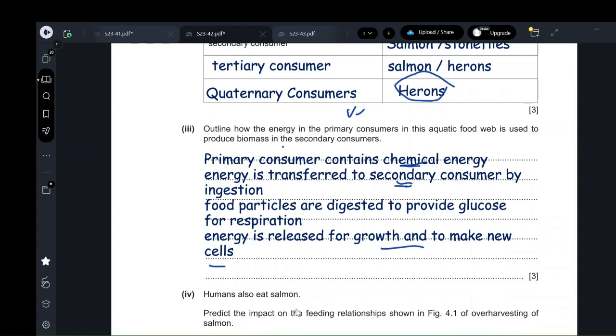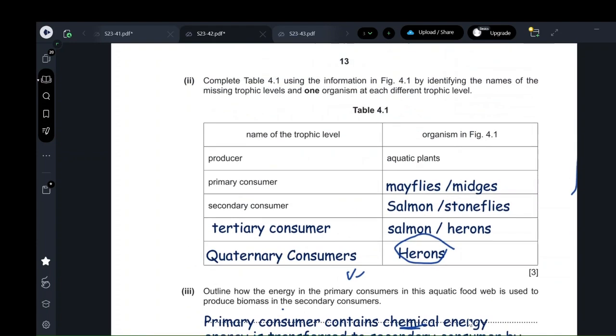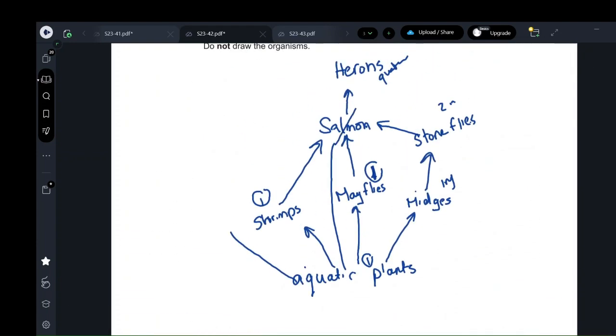Humans also eat salmon. Predict the impact on feeding relationships of over-harvesting salmon. If we over-harvest salmon, what is the impact on this food web? First of all, the herons will decrease because they will not find food to eat. The shrimps and the mayflies and the stoneflies will increase because nothing is eating them.